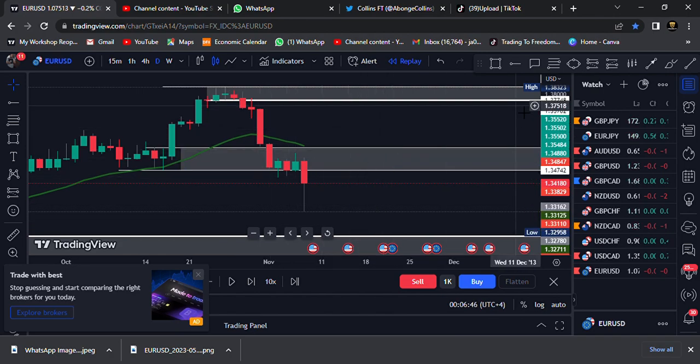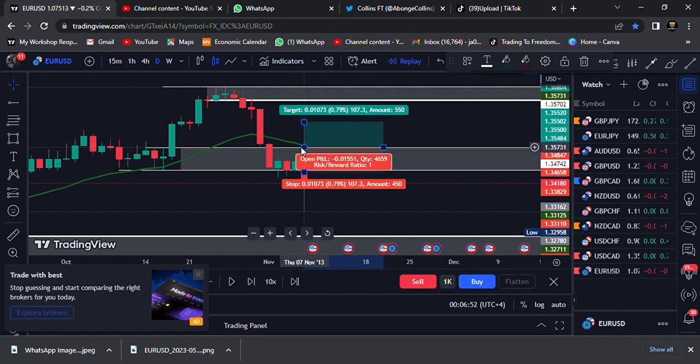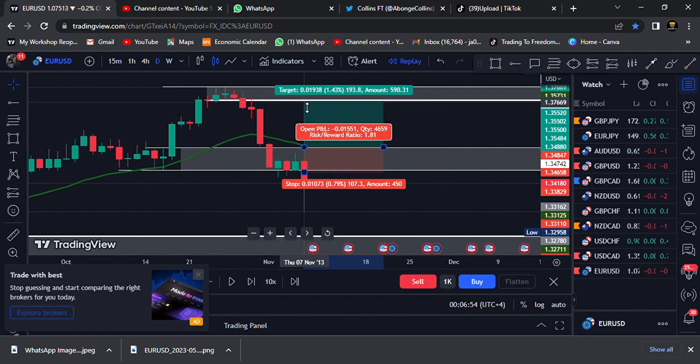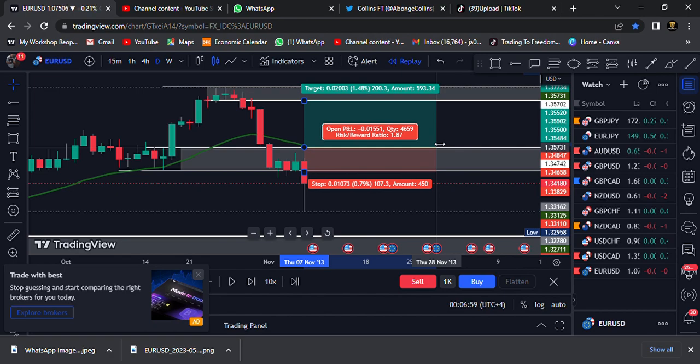In this case, what we can do is put our position here. If price hits here, then we can put our stop loss here.